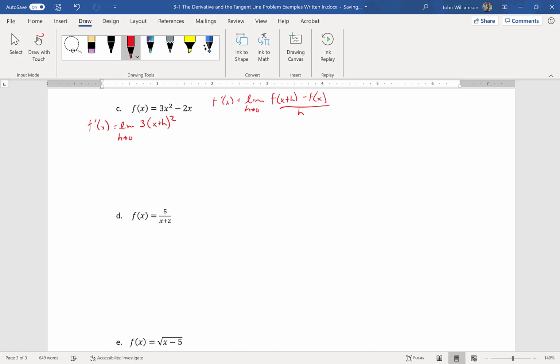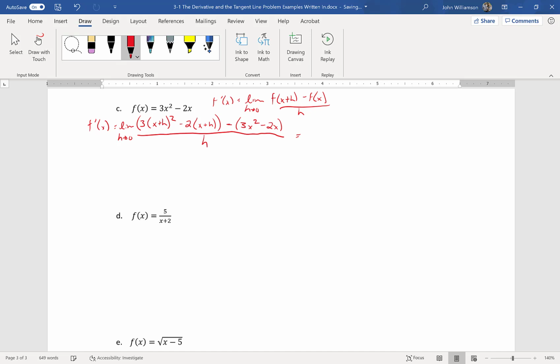So then everywhere we have an x becomes x plus h. So 3 times x plus h squared minus 2 times x plus h. So that's our f of x plus h. Minus now the entire f of x. So minus 3x squared minus 2x, all in parentheses. All divided by h.